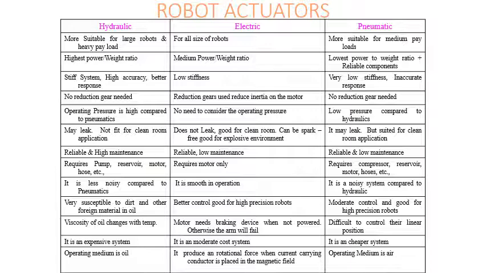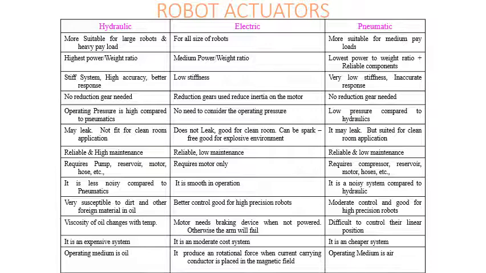All these sources will be reliable, but hydraulic requires more maintenance than the electric and pneumatic actuators. The hydraulic actuators require a pump, reservoir, motor, hoses, etc. In case of electric, it requires only a motor. In case of pneumatic, a compressor, reservoir, motor, hoses, etc. So these are all the components required for each actuator.